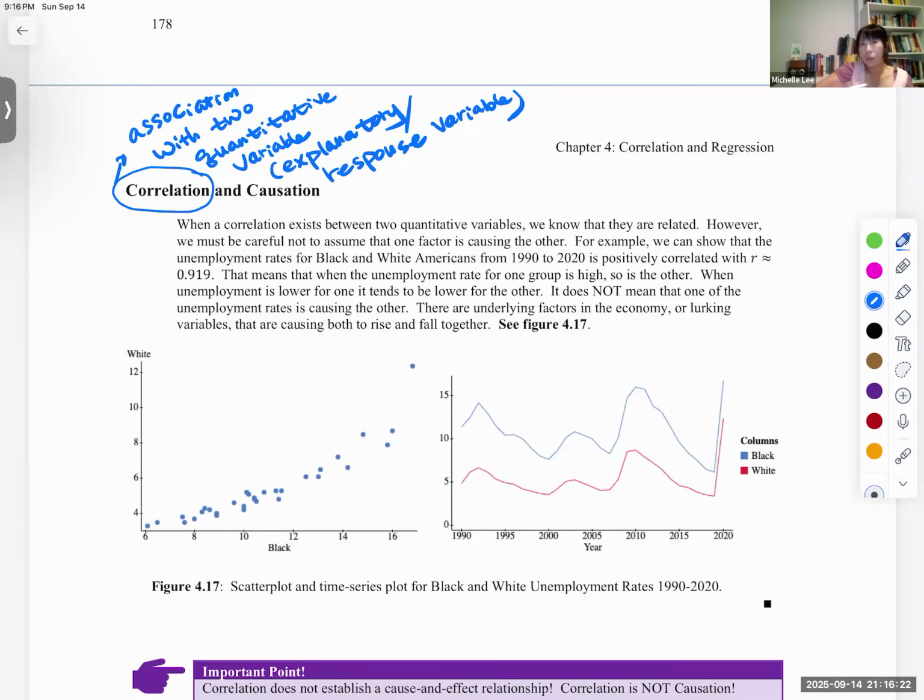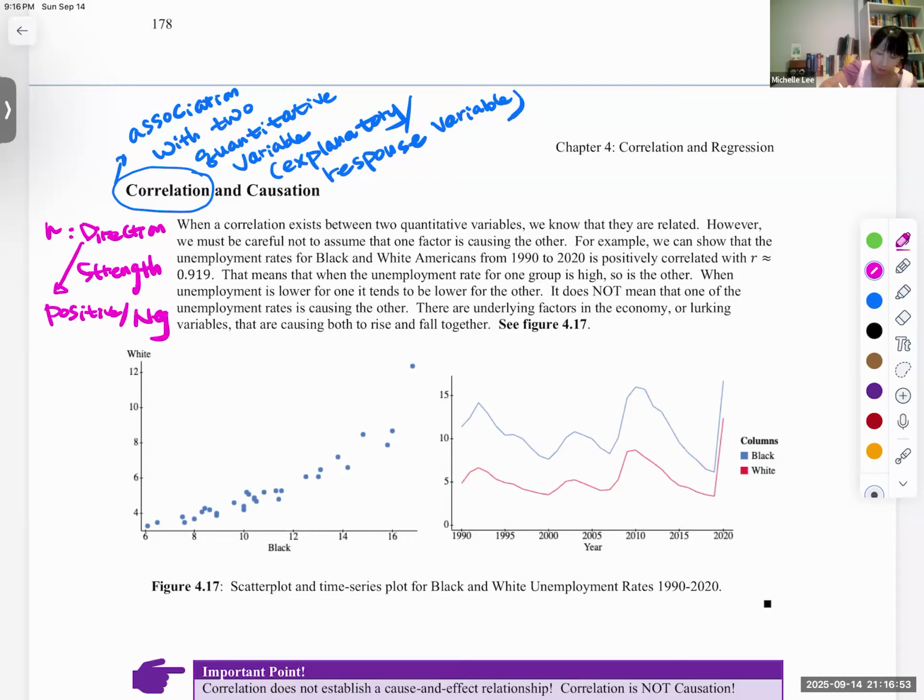And then correlation, we are learning only the sample, right? So sample R gives us, R is telling us direction and strength, right? So direction, which is positive or negative, right?